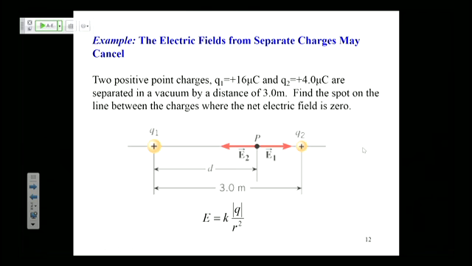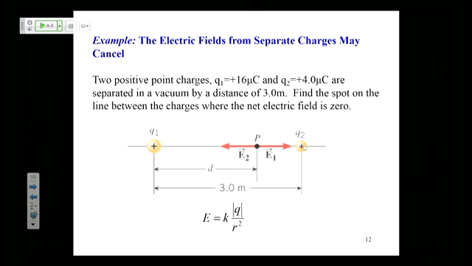Since electric field is a vector, then yes, you may get a value for the field equals 0. So the field due to Q1 is positive, so it will serve as a source, and the field will be going out, as you see in this vector, E1, and the field due to Q2 also will be going out of Q2.